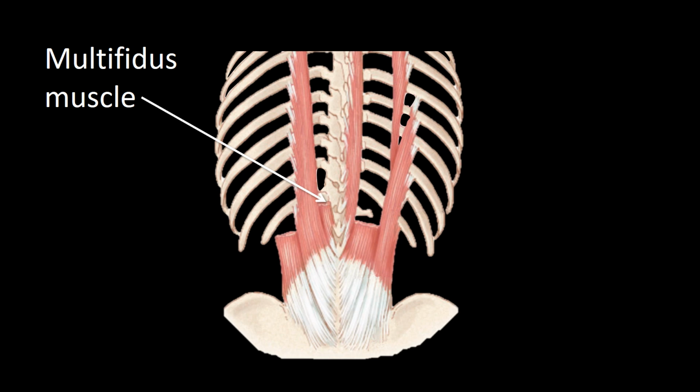Multifidus muscle is the most medial muscle group in the back. Here you can see the uncut longissimus muscle, and here you can see the cut longissimus muscle. Here you can see the uncut iliocostal muscle, and here you can see the cut iliocostal muscle.